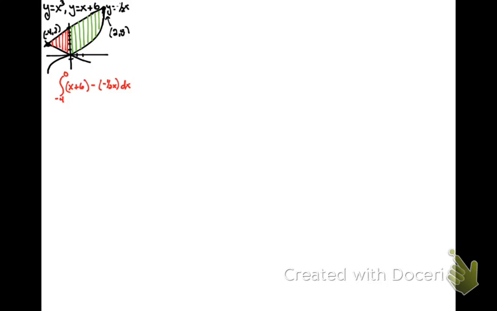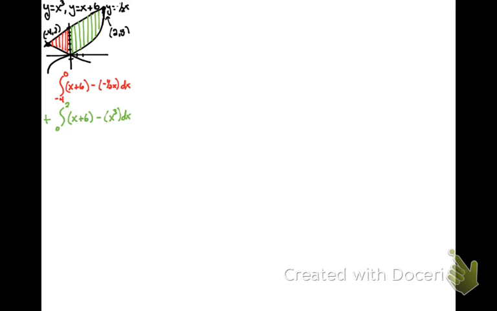We can see in our picture that the area in green runs from 0 to 2 on the x-axis, and it's always the area underneath your upper curve, so x plus 6, minus your lower curve, in this case x cubed, dx. These two expressions will give us the area of the red and green portions of my entire object, and their sum will be the area of the entire thing.